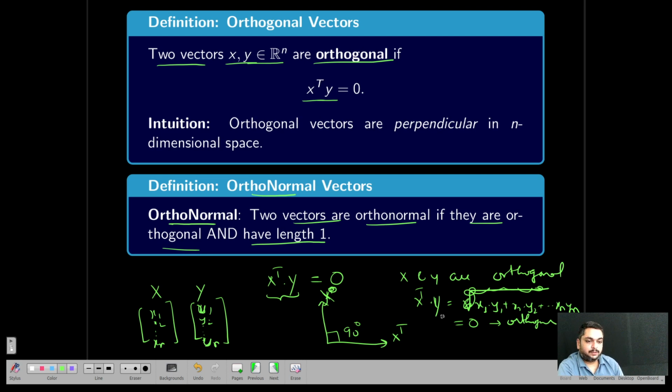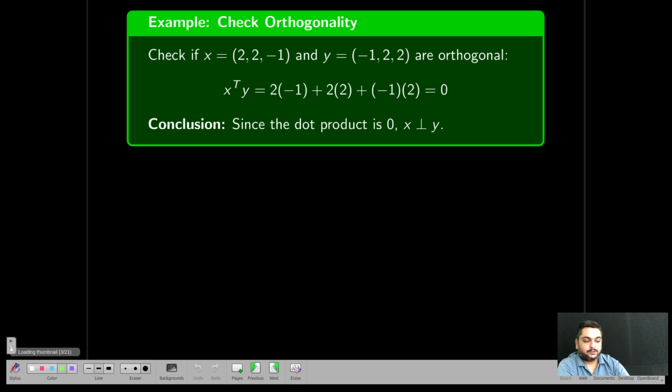What is orthonormal? This condition has to be satisfied, plus the length of x should be equal to 1 and the length of y should be equal to 1. Then we call it orthonormal. So orthonormal is a special case of orthogonal where the length of the vector is equal to 1.